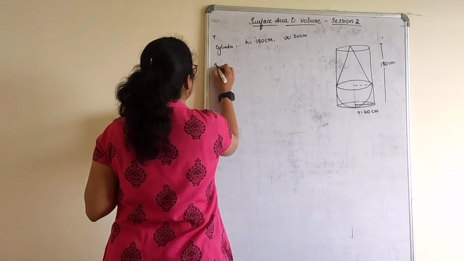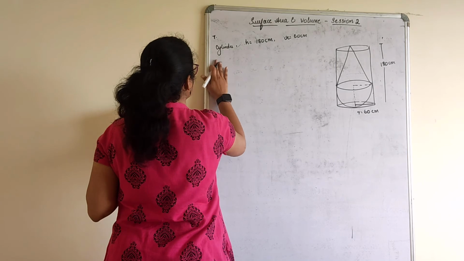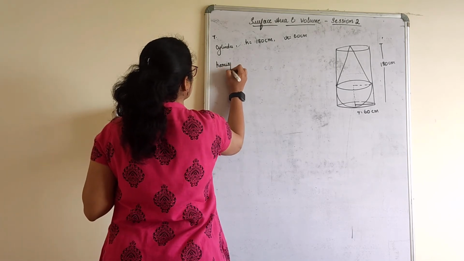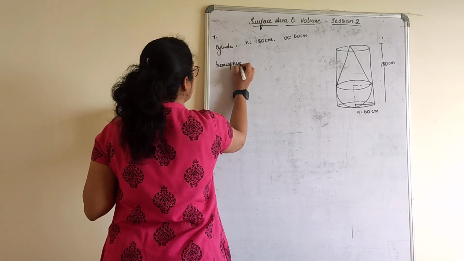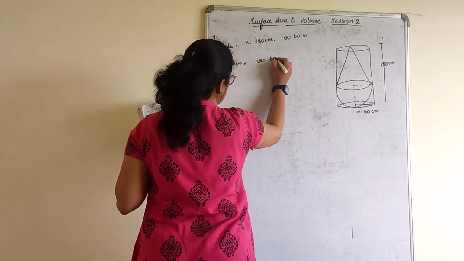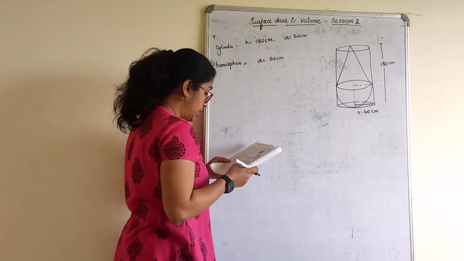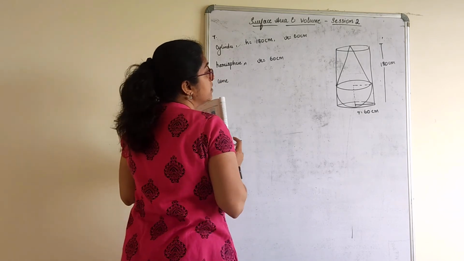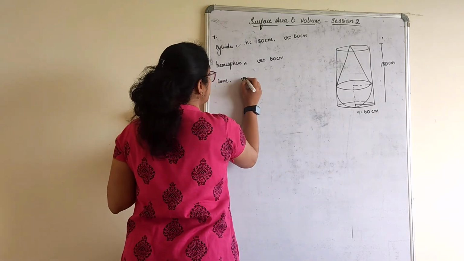Next, hemisphere, sorry. What should be the radius of hemisphere? Of course, radius of hemisphere should also be 60 centimeter. It has to be. Next, cone. Now, what should be the radius of the cone?